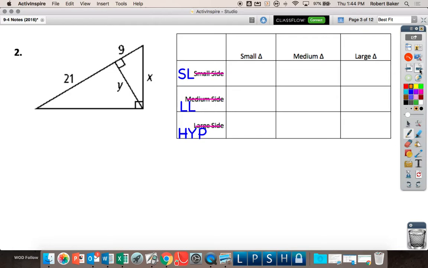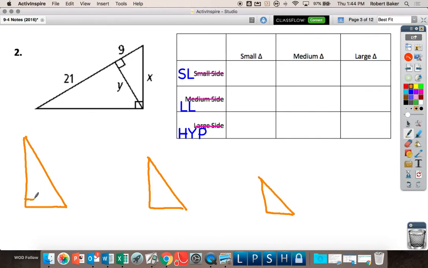Okay, so let's do our triangles. Remember, when you do triangles, you take 3 L's. You make them right triangles. So we go for the big triangle first.